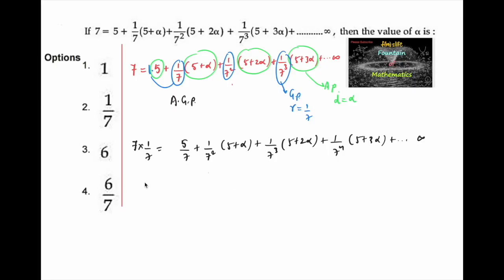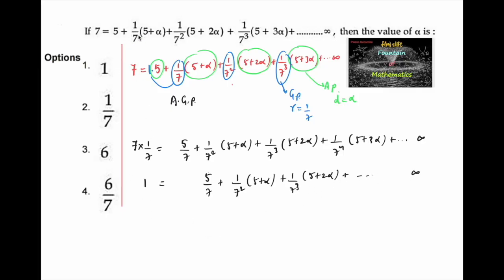That is 1 is equal to 5 by 7 plus 1 upon 7 square of (5 plus alpha) plus 1 upon 7 power 3 of (5 plus 2 alpha) and so on up to infinity.